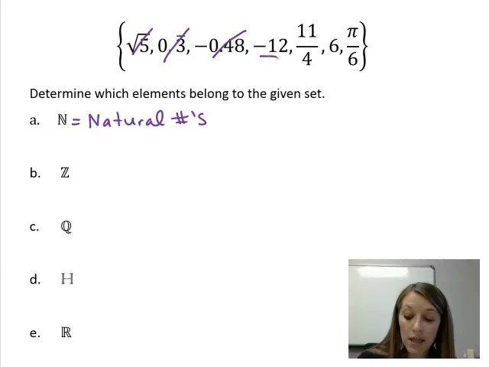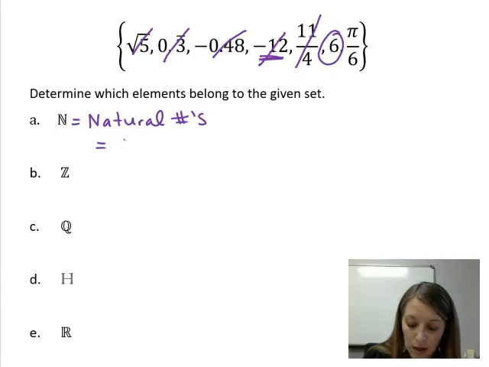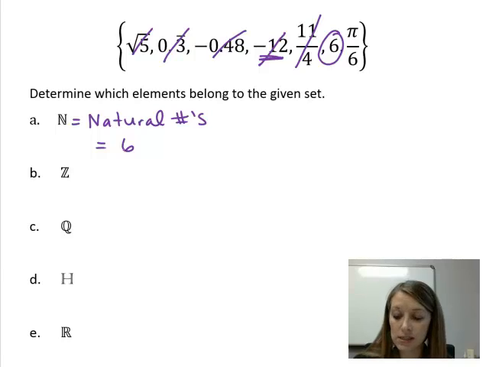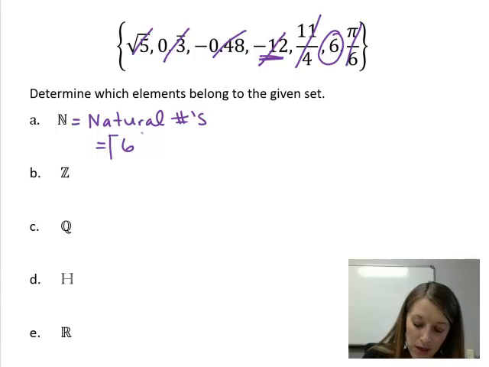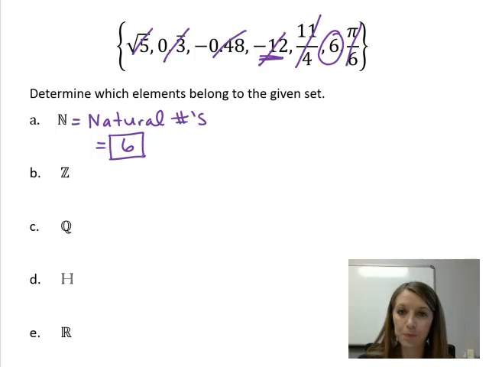This is a whole number, but it's negative, so that doesn't fit in there. 11 over 4 is not a whole number. 6 is my only whole number that fits into this, and then pi over 6. So my only natural number from this list is 6, so that's my final answer there.